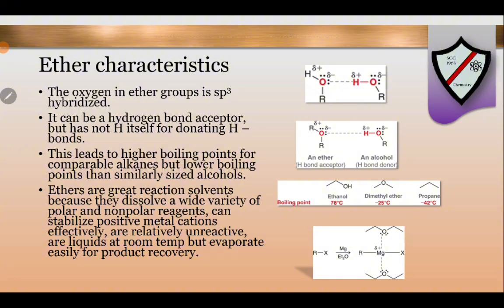And then finally, this highly electronegative region of space around those oxygens' lone pairs makes ethers great reaction solvents. We see ethers used a lot throughout organic chemistry for two reasons, really.